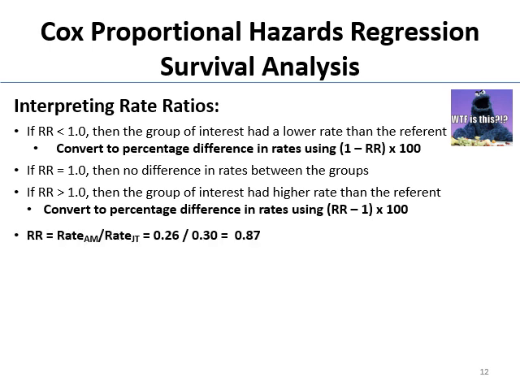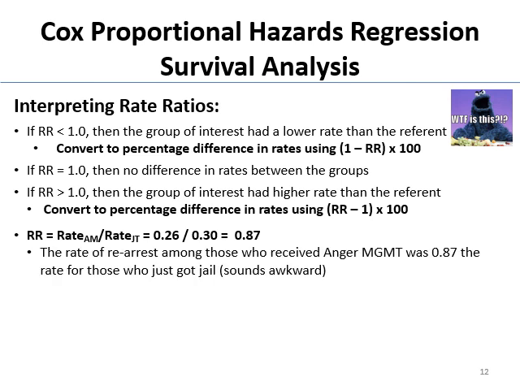So your rate ratio, again, is the rate of the group of interest divided by the rate of the reference. We got 0.87, that is less than 1, so that means the anger management group had a lower rate of rearrest than the jail time group. So the rate of rearrest among those who received anger management was 0.87 times the rate for those who just got jail, which has like no meaning to anybody except Uberstat nerds.